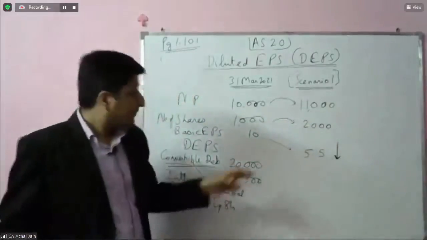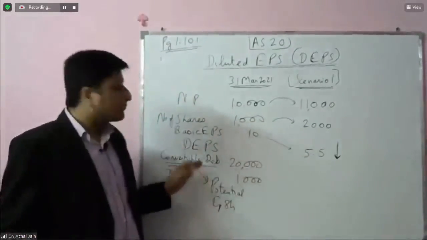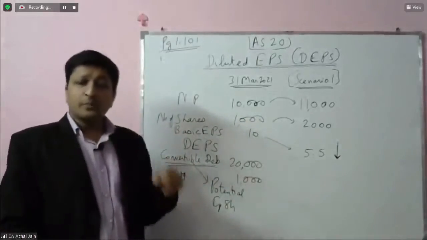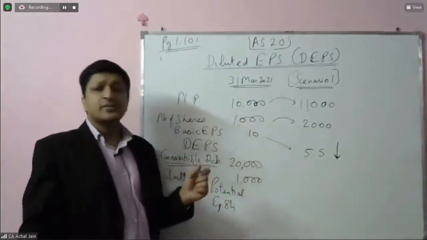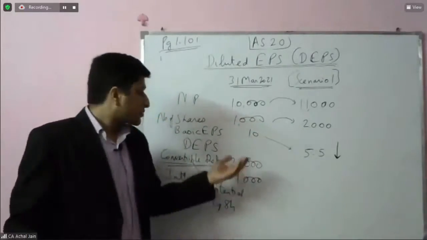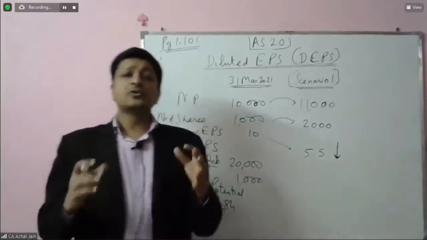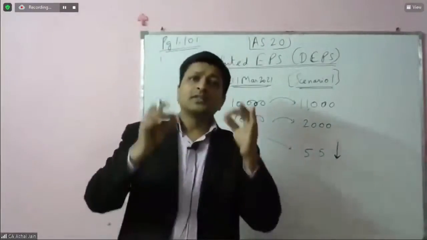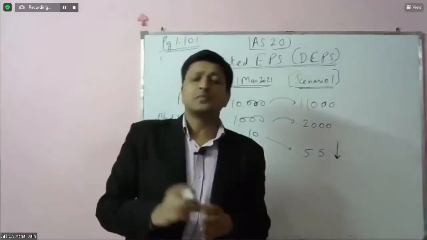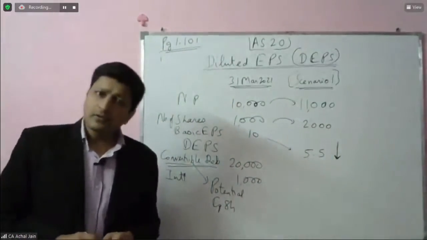So we could see there's a significant decline in his EPS after this conversion will take place, or because of the impact of potential equity shares. And that is nothing but called diluted earnings per share. Dilution means going down. There's a dilution in the earnings per share. Understood? Clear on this part?